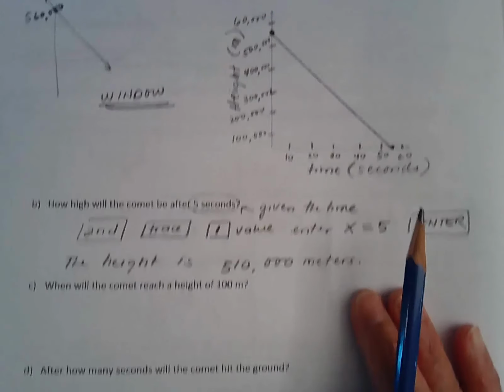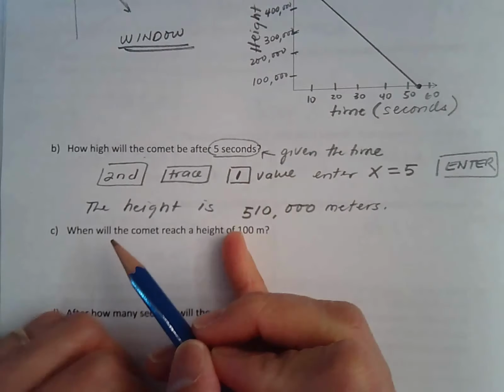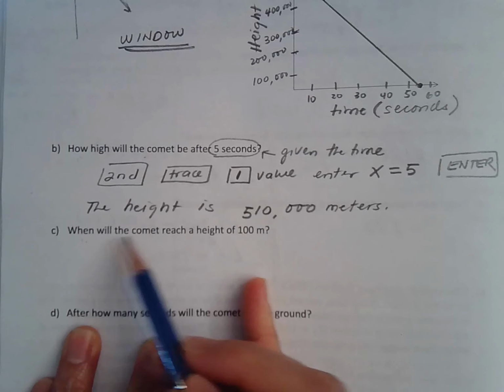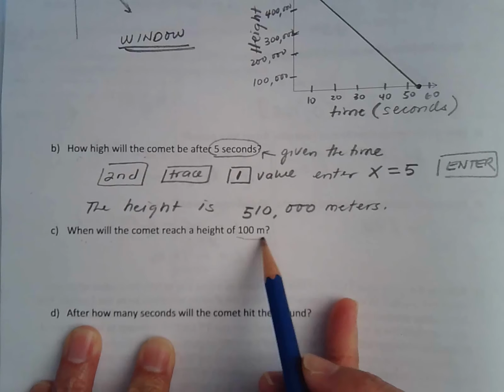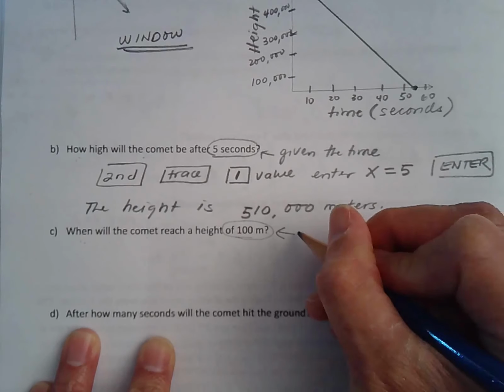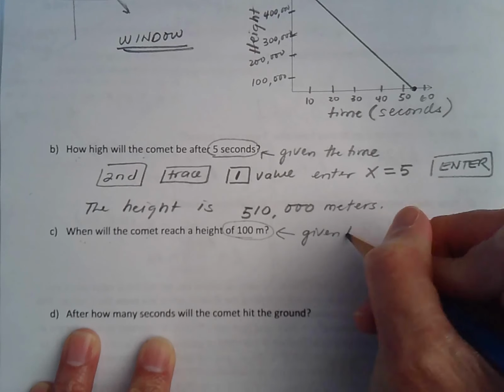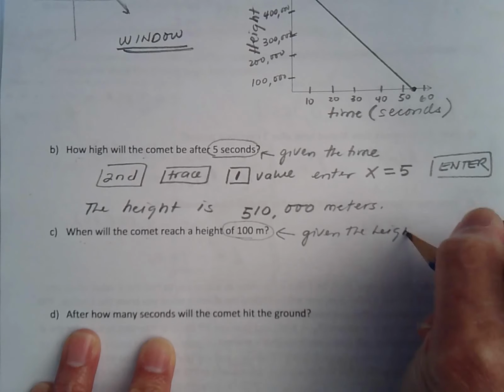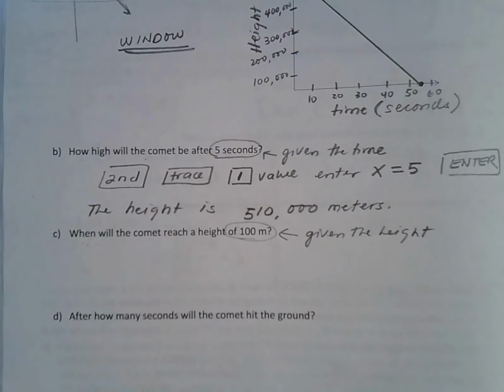Okay, now let's take a look at this one in here. The question is, when will the comet reach the height of 100 meters? Well, what are they giving us? They're giving us the height, which is the y value.